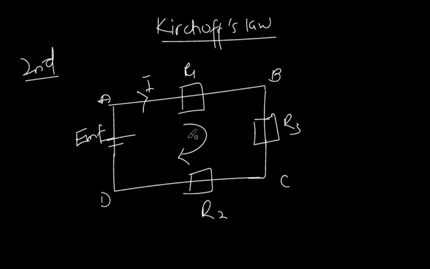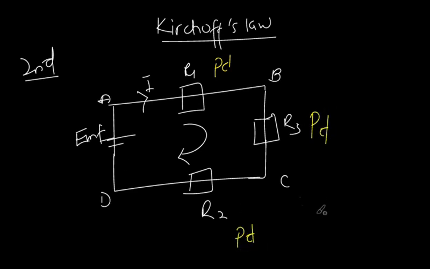When the EMF moves from here and comes over here, the potential difference over here will be different from the potential difference on this resistor, which will also be different from the potential difference we have over here.